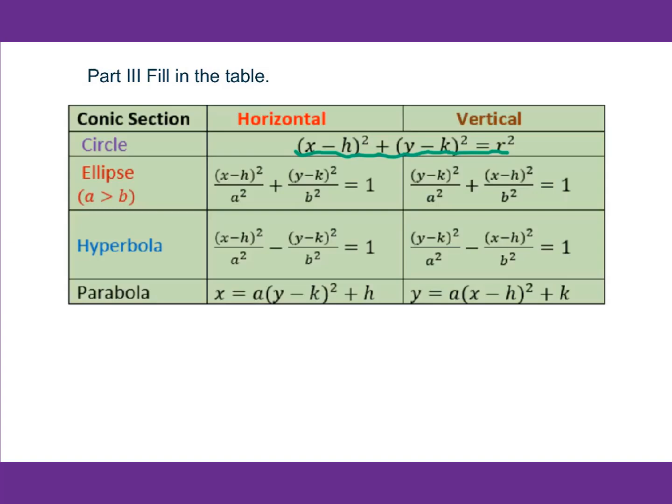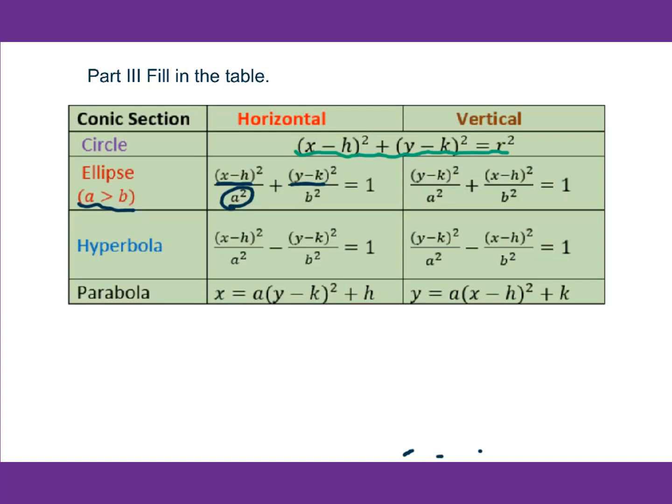For ellipse, we have horizontal and vertical ellipse. How do you decide this is horizontal? Check the numbers below x squared and y squared. Which one is bigger? We call that the major axis. Therefore, suppose A is greater than B. Below x squared, you have A squared.